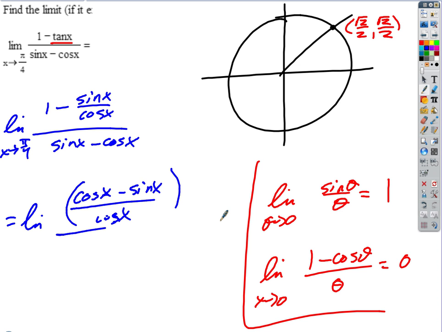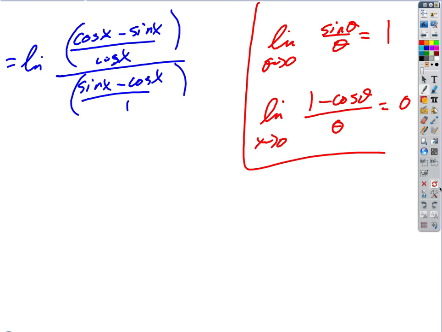All divided by sine x minus cosine x over 1, right? Okay, if I flip and multiply, do you see it coming? I got you. Easy.